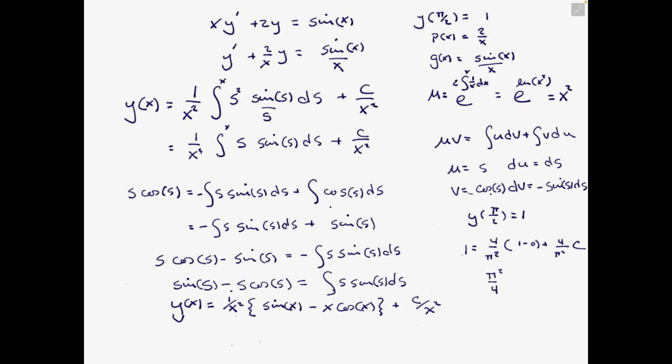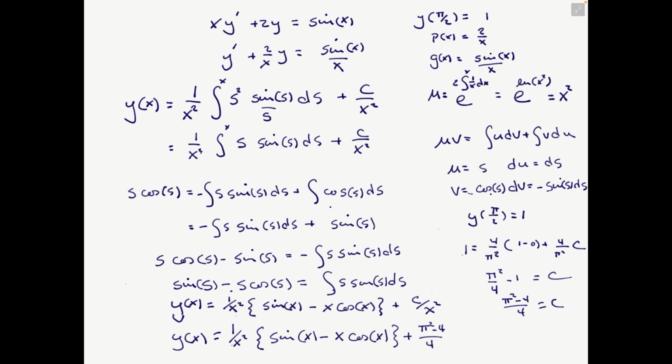We've got pi squared on 4 minus 1 equals c, and that's pi squared minus 4 on 4 equals c, and we got y of x equals, we had it right, 1 on x squared sine x minus x cos x plus pi squared minus 4 on 4 x squared. And that's it.